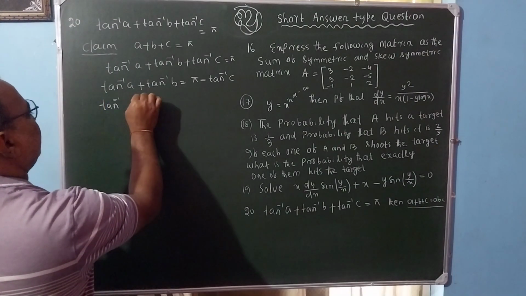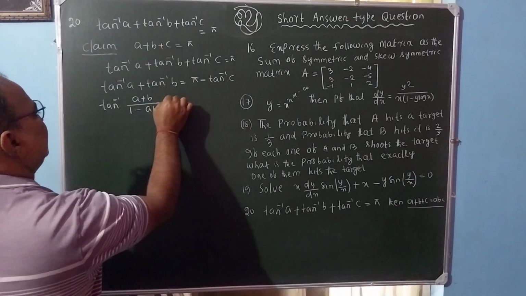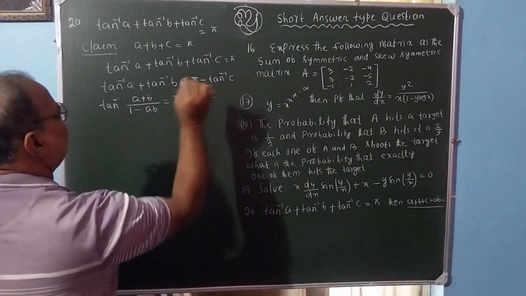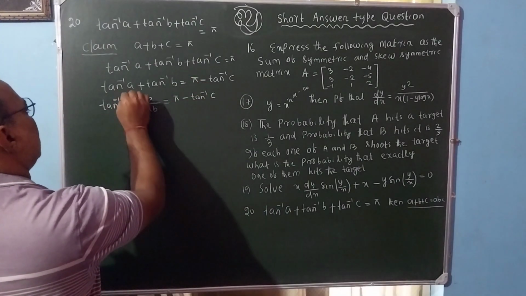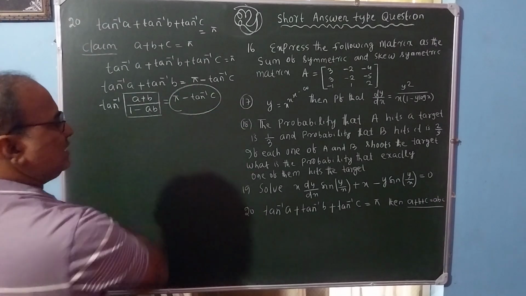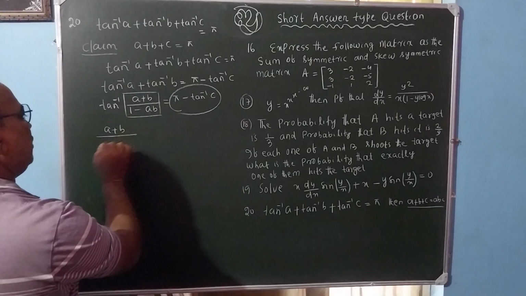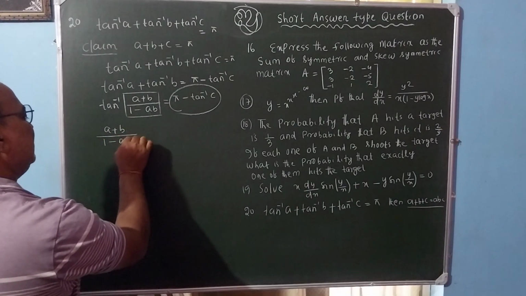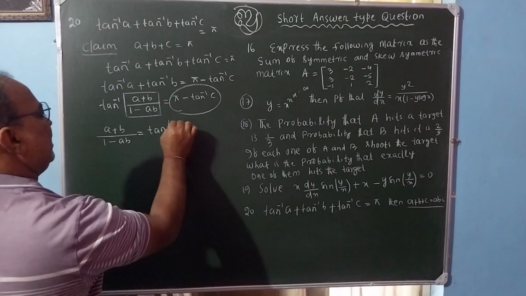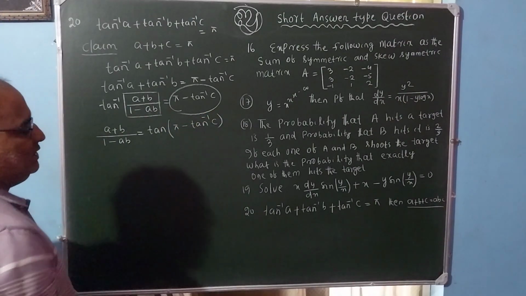So tan inverse of (A plus B by 1 minus AB) is equal to pi minus tan inverse C. So A plus B by 1 minus AB is equal to tan of (pi minus tan inverse C).